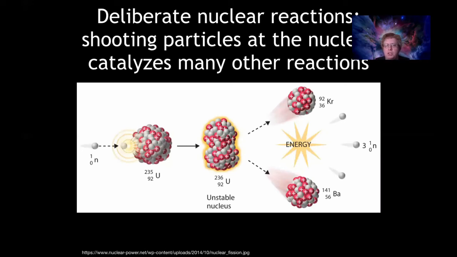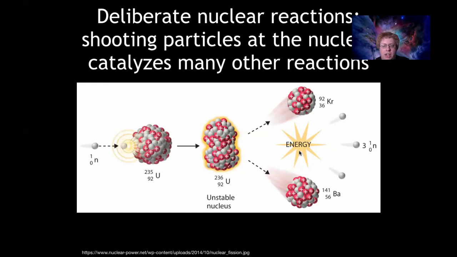One way that we can do it is by shooting stuff at big, heavy nuclei. So, for example, if you shoot a neutron at very, very high speeds towards a uranium nucleus, then that can create an unstable nucleus. That neutron is lodged in here, and it just is too big for it to hold together. And what happens is this nucleus splits into two. This uranium nucleus splits into krypton and barium and releases quite a bit of energy.